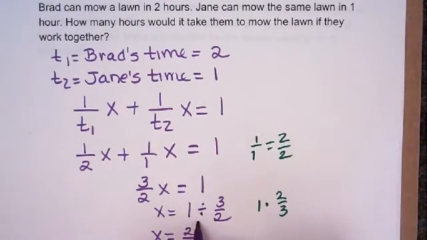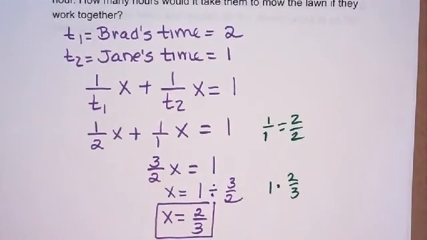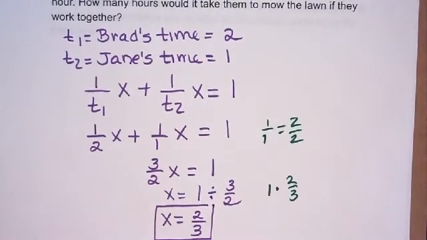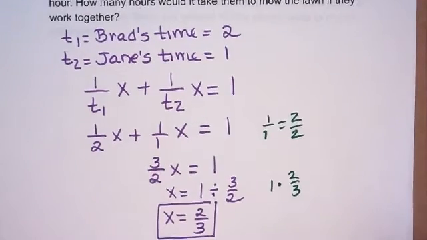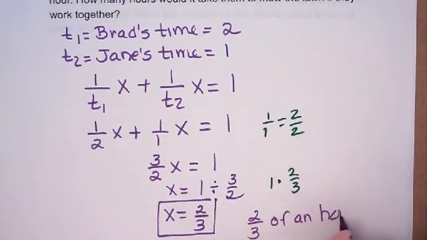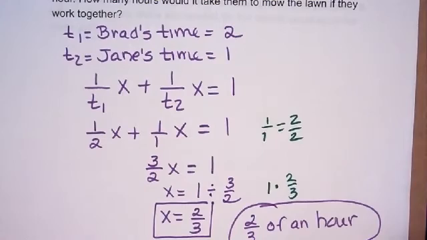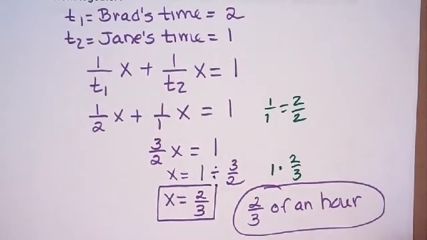Now, this is an answer that I would not leave as a decimal because it is a repeating decimal. You cannot get an exact answer as a decimal, so the exact answer has to stay as a fraction. So what does that mean? It means it's going to take them 2/3 of an hour working together. That's the meaning of my answer. It'll take 2/3 of an hour working together to mow that yard.